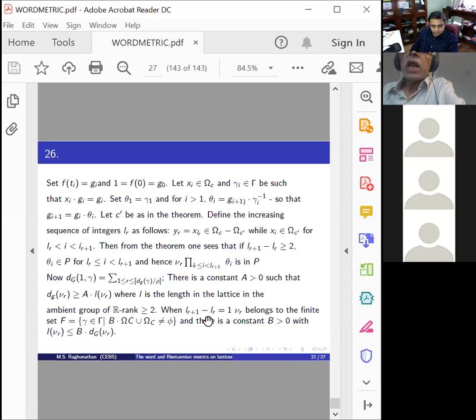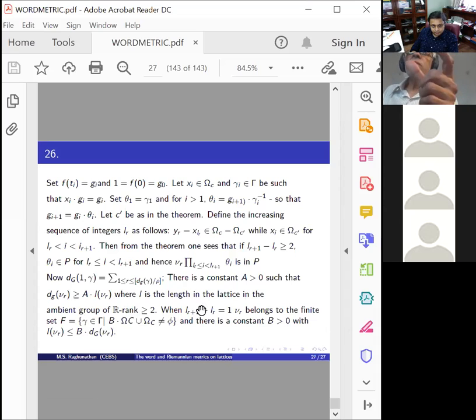In any case, this is true. If L_{R+1} is equal to L_R, gamma belongs to this set: B times omega_C intersection omega_C, which is not empty. Not union, it should be cap but not cup. That's a finite set, and there's a constant b greater than 0 such that L(nu_R) is less than or equal to b times d_G(nu_R), because all these nu_R's belong to this finite set.